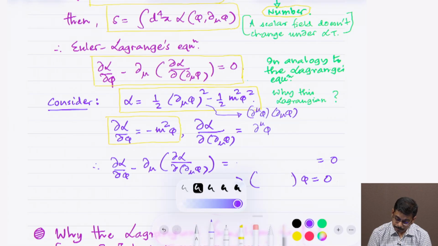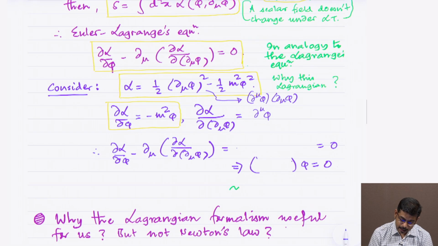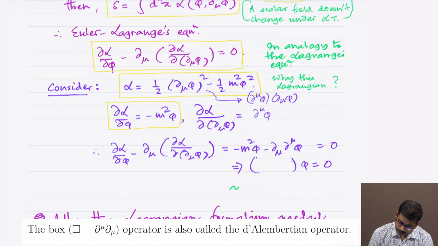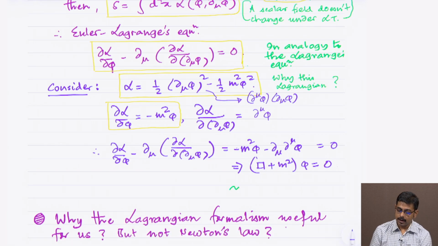It is going to be del L del phi, which is minus m square phi, and del mu of del L of del mu phi, which is minus del mu of del mu phi. Now, you remember del mu del mu is what we call the box operator. So, this equation simply becomes box plus m square phi equal to 0.